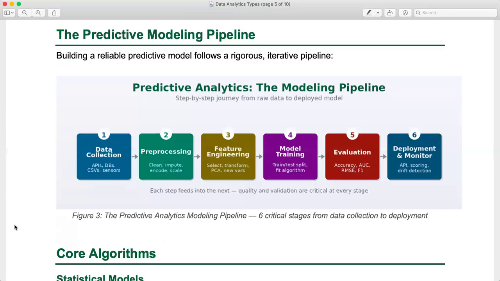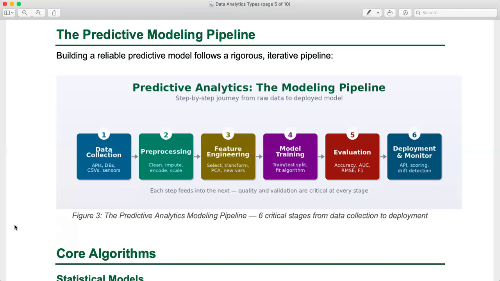First of all, we collect data from different databases, APIs, or sensors. We pre-process it. That means we clean it, impute it, encode it, or scale it. Then we go for feature engineering. In feature engineering, we select certain features, the number of features or types of features, or transform the features, and maybe create new variables from the existing ones.